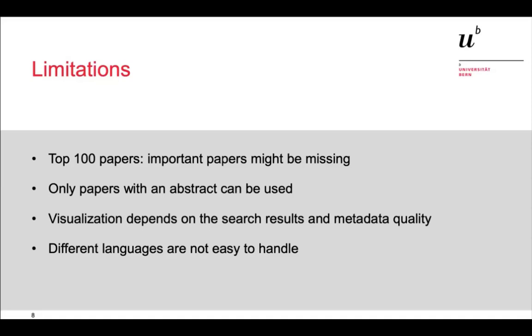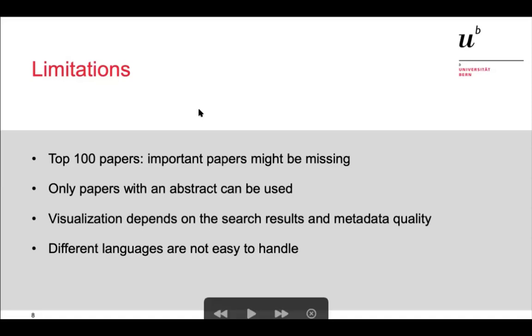And moreover, the visualization depends on the search results Open Knowledge Maps gets for a given query. So it is possible, for example, that there are not enough articles on a topic. Or, what is a big issue, that the metadata quality is poor. And if the metadata quality is poor, this will have an impact, of course, on the visualization and lead to insufficient search results.